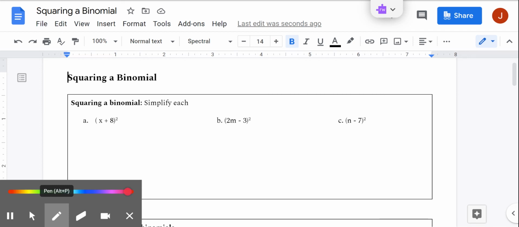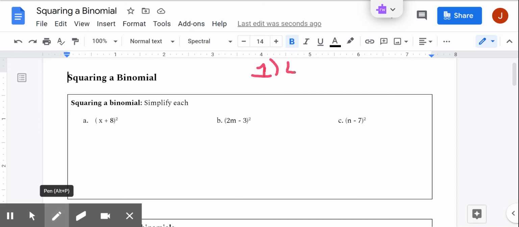When we square a binomial, hopefully we know that squaring anything means that you are multiplying that quantity by itself. So when we square a binomial, the first step that we are always going to have is to expand that binomial into a multiplication problem.